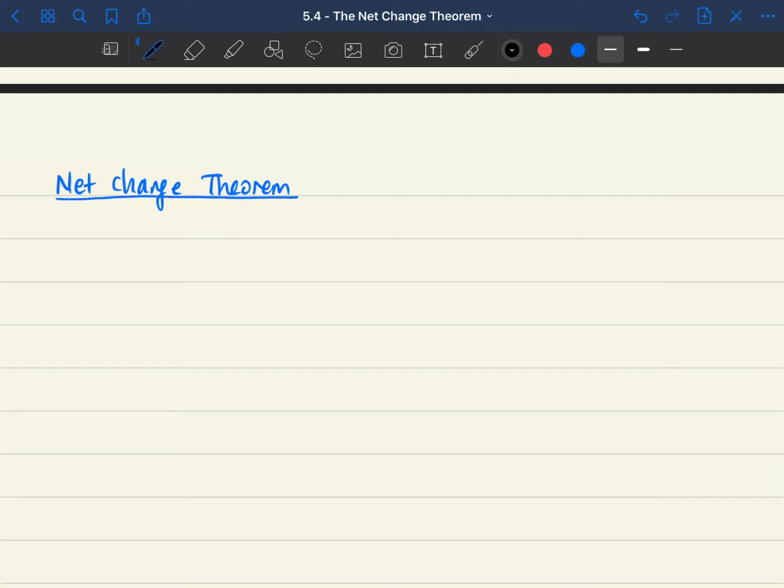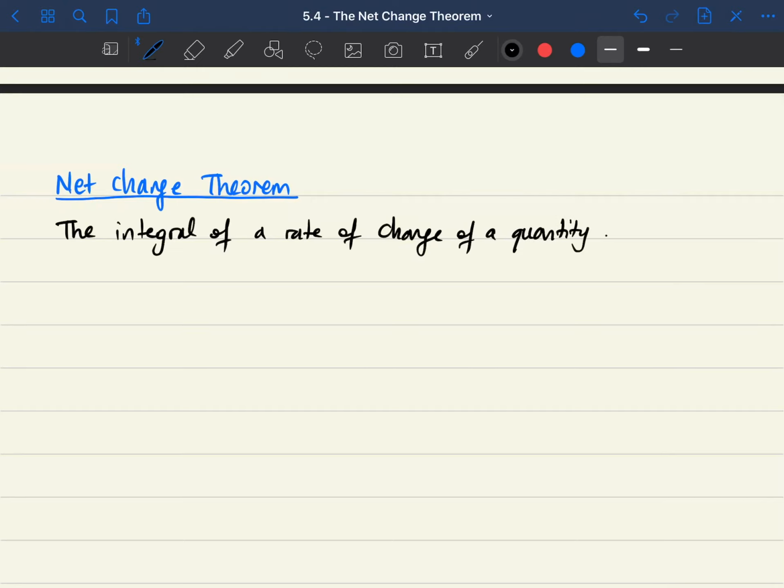So this says that the integral of the rate of change of a quantity f on a closed interval, let's say a comma b. Now, of course, we're assuming that f is a nice function. It has nice properties.